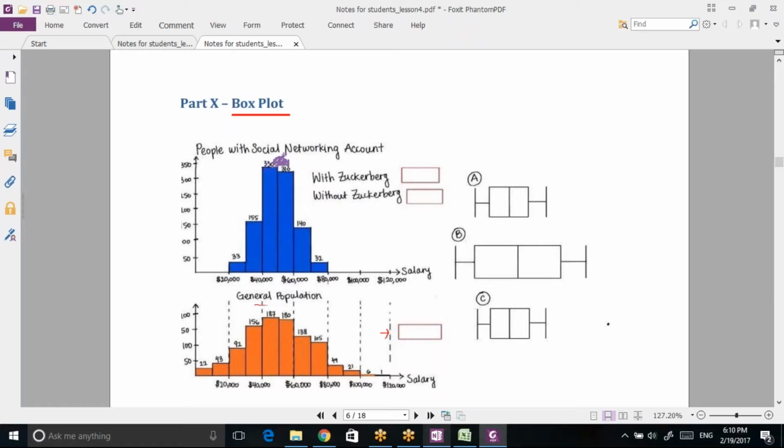In the social networking account, we have taken 2 cases: one with Zuckerberg's salary, that was $10 million, and the other without Zuckerberg's salary. And this one is for the general population. So now you have to match these blanks with A, B or C. Just to give you a hint, don't ignore this point. You have a point over here. Do it now.